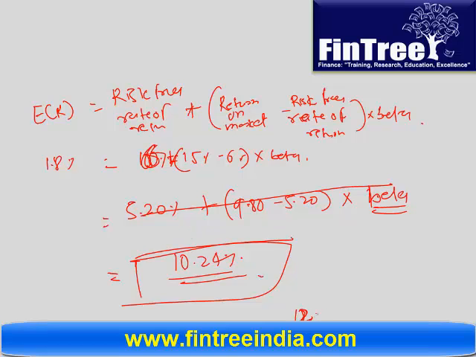So this will become 12, 12 plus 15 minus 6, which is 9, into beta. 12 is equal to 9 beta, and that would make beta equal to 1.33.